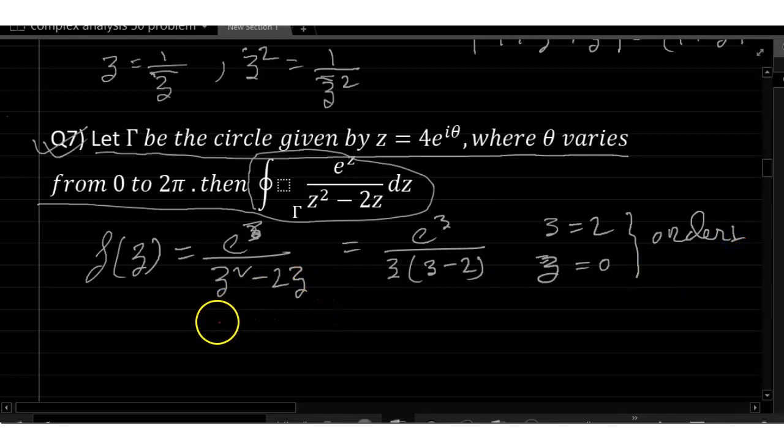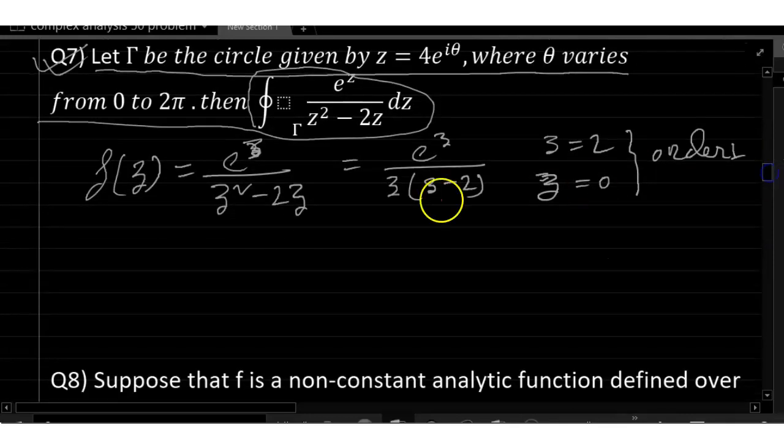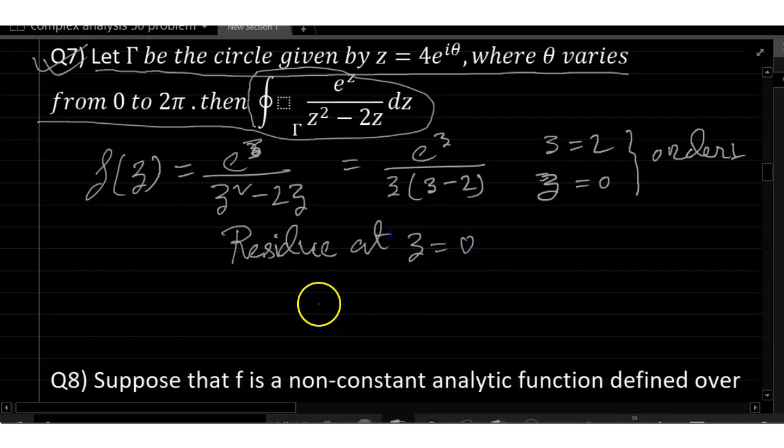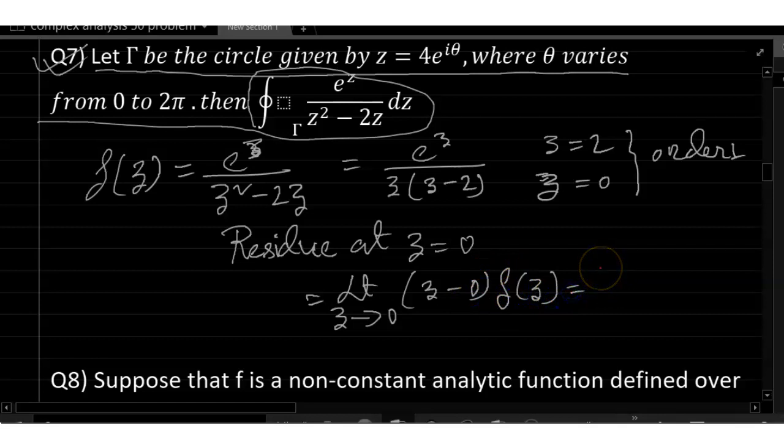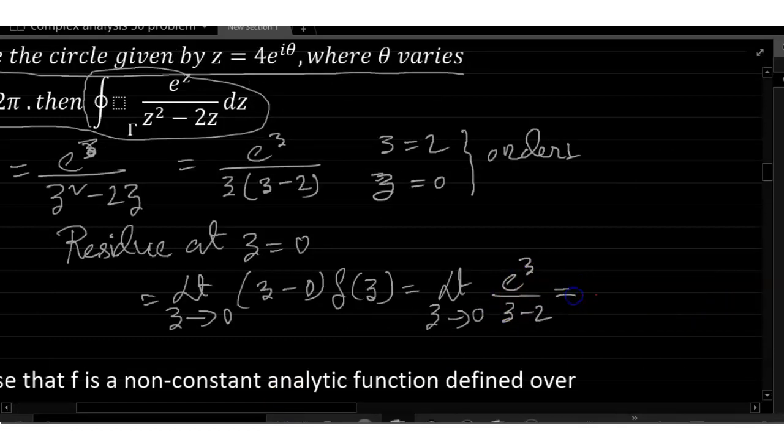Residue at z equals 0: limit z tends to 0 of (z minus 0) into f(z), equals limit z tends to 0 of e to the power z divided by z minus 2, equals minus 1 by 2.